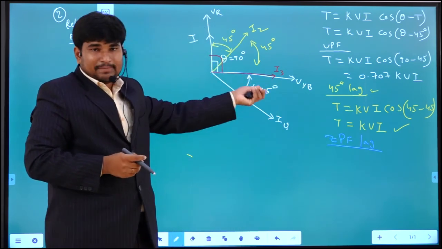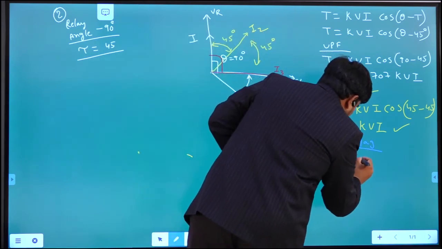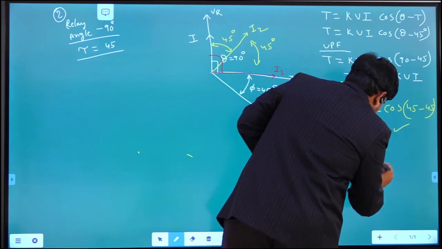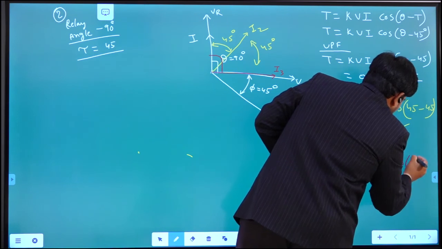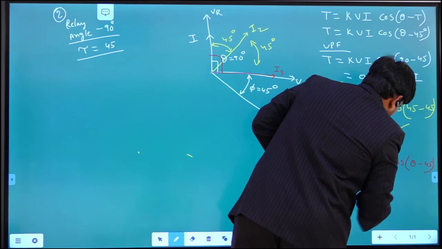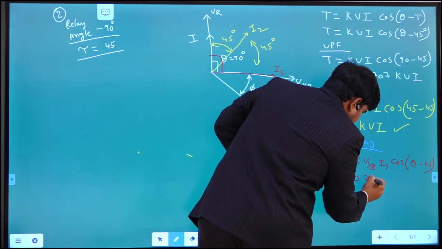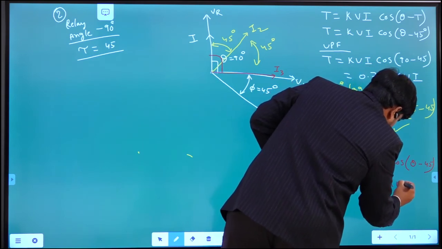It is 0. That means theta value is 0. So the value of torque is equal to K into VI, and in the third case it is cos of theta, 0 minus 45. What is cos of minus 45? Same, 1 by root 2. That means 0.707 K times VI.